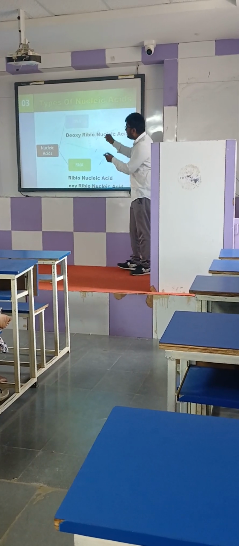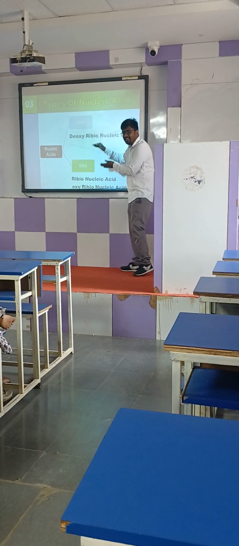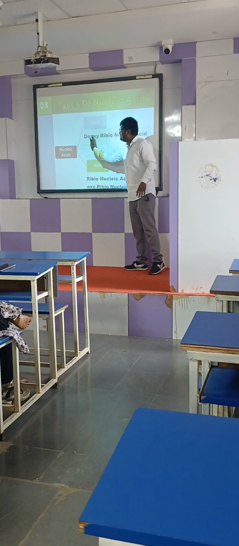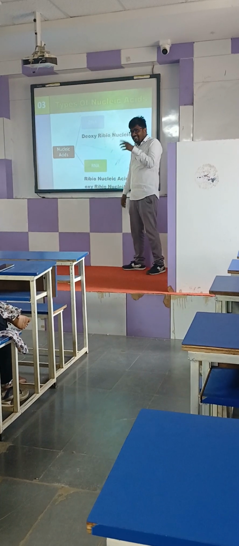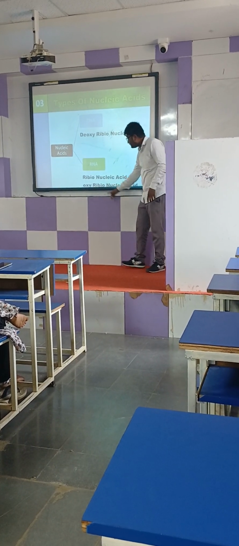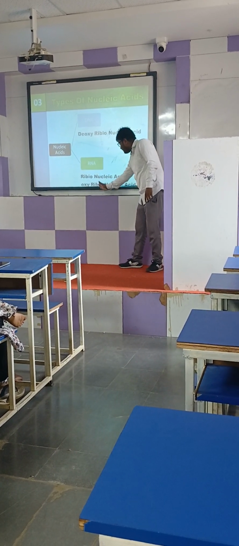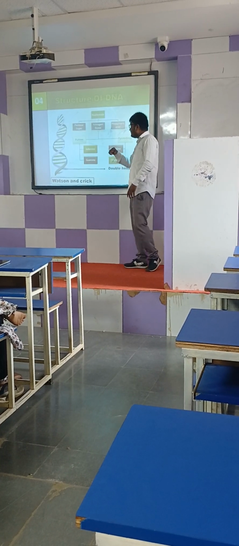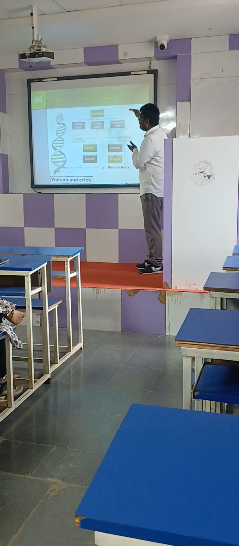Now you can clearly see the difference between RNA and DNA. The main difference is that in DNA oxygen is not present, that's deoxy, and in RNA oxygen is present. That's why we write oxyribonucleic acid. Understand?